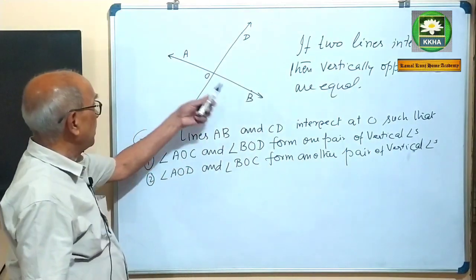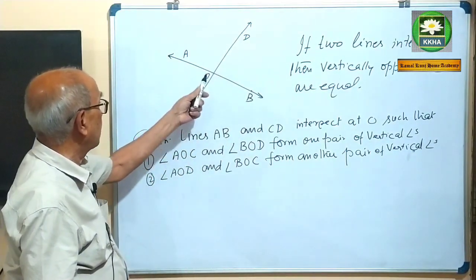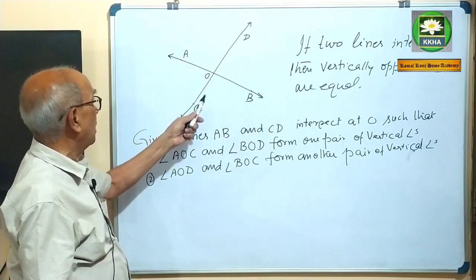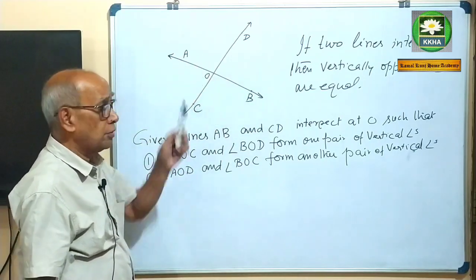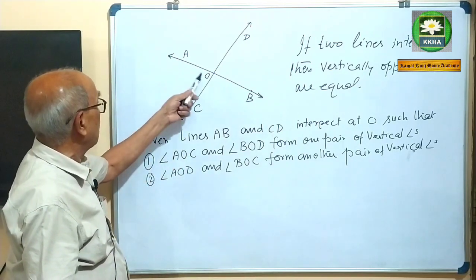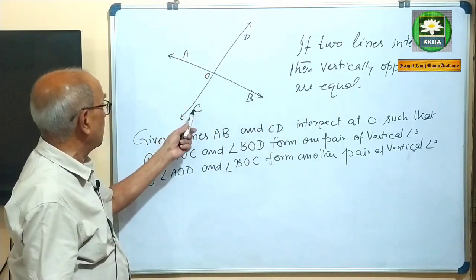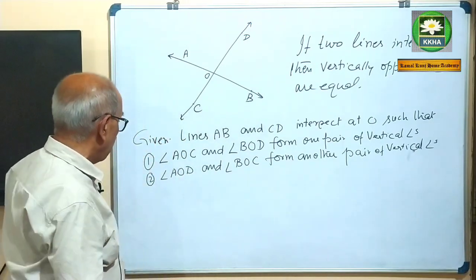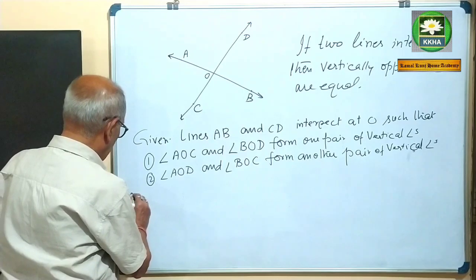Here lines AB and CD intersect at O, such that angle AOC and BOD form one pair of vertical angles, and angle AOD and angle BOC form another pair of vertical angles. Then we have to prove that. What to prove?